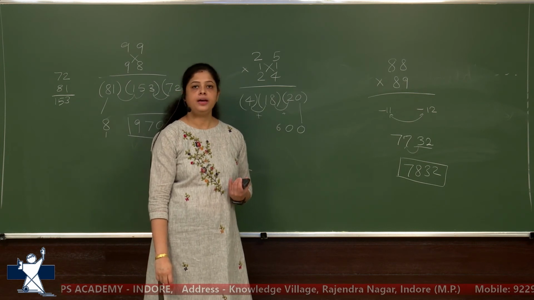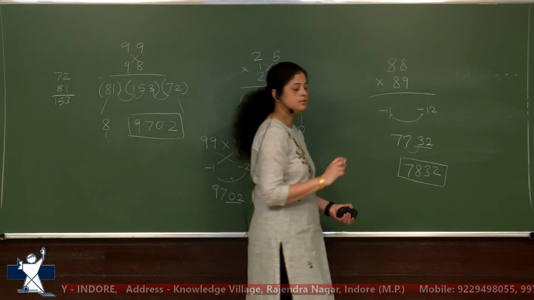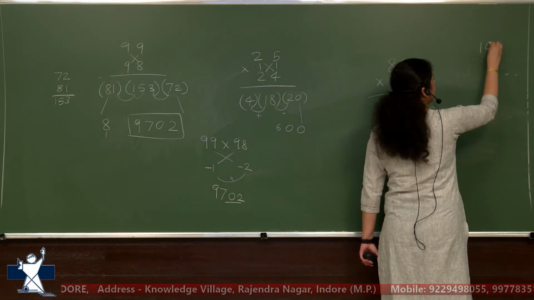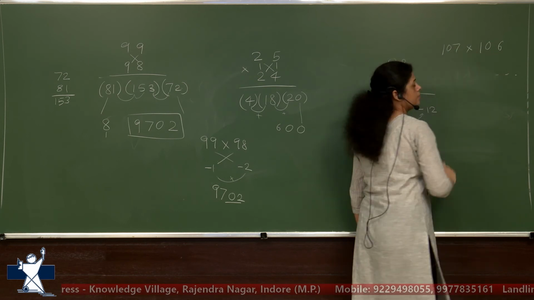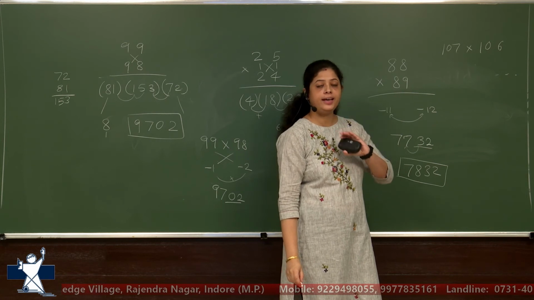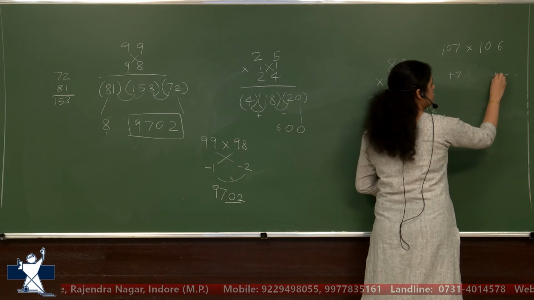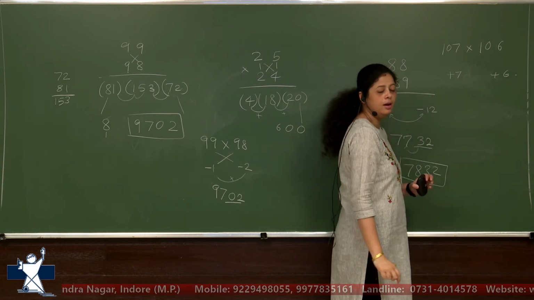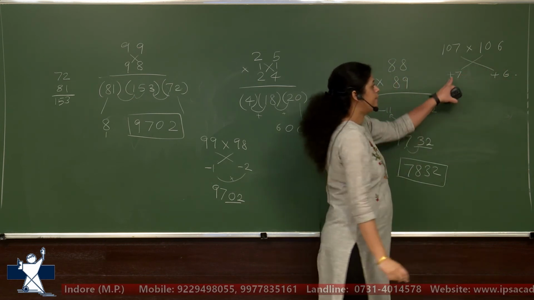Same method we can go for the numbers exceeding 100. So if you have numbers, say 106 into 107, you have to perform. So 3 digit takes more time. So 100 में plus 7 करो तो 107 मिलता है, plus 6 करो तो 106 मिलता है. हाँ, right. So now you diagonally add because ये plus sign है.